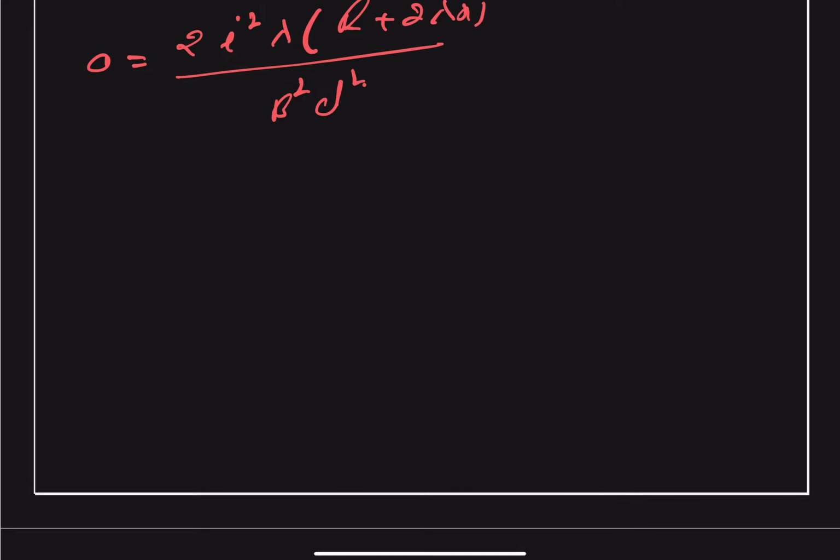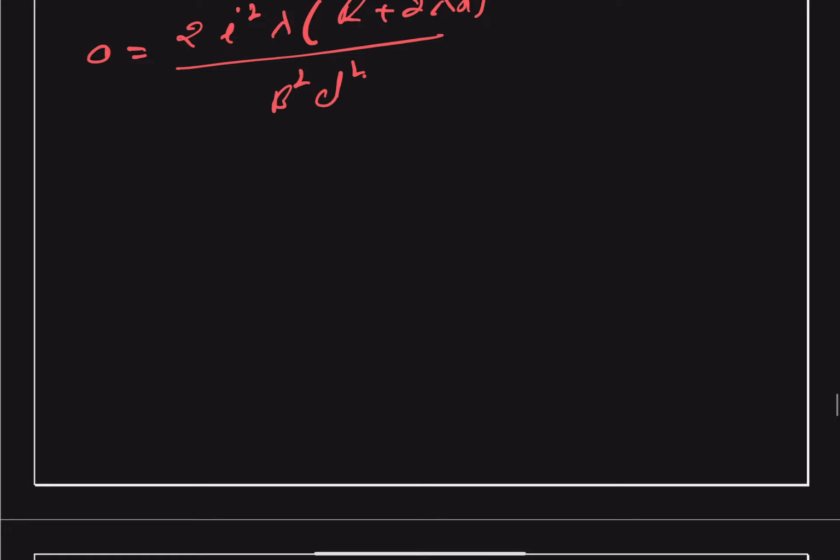Next, we are supposed to find the instantaneous applied force. We found our acceleration, so then we can find the instantaneous applied force, which is F equal to mass times acceleration.